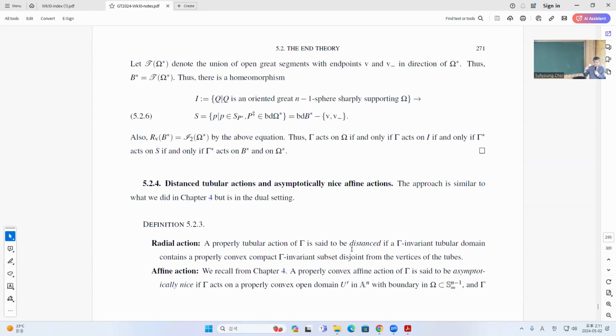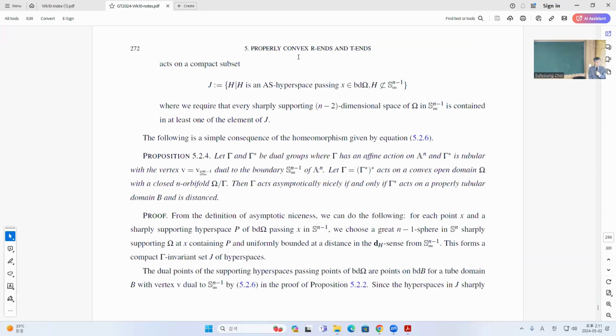There's some convex compact invariant set destroyed from the vertices of the tube, and the affine action is asymptotically nice if you have these supporting hyperplanes containing each supporting n minus one space, which are bounded away from these S^n. So these are compact.